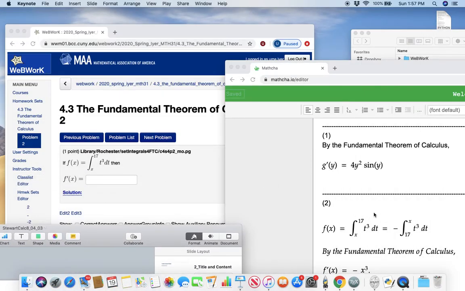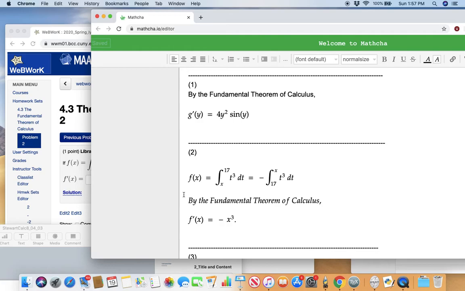So my function is negative integral, x is the upper limit, lower limit is a constant, and this is my function. So when I take the derivative, I should get x cubed, but there is a negative outside, so negative x to the power 3.